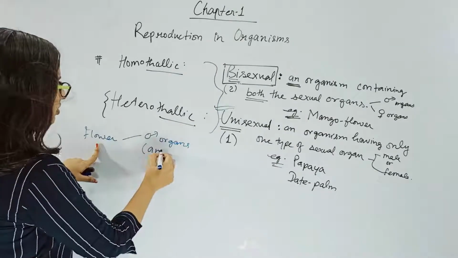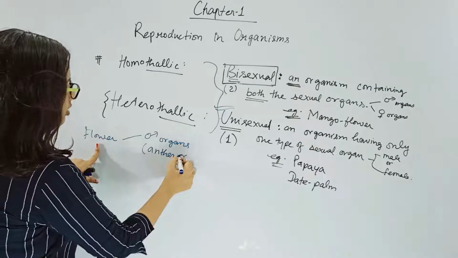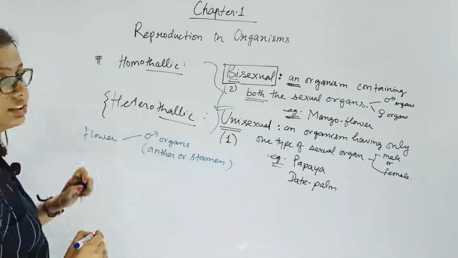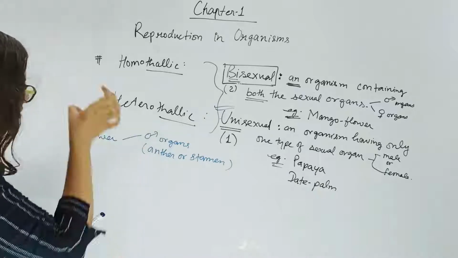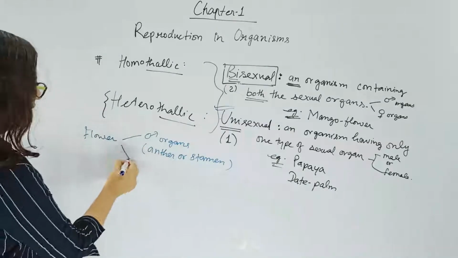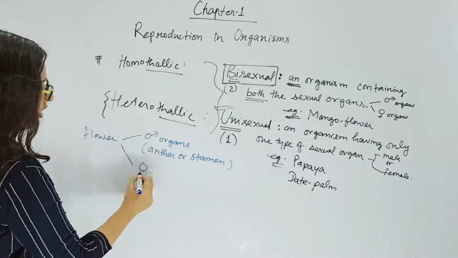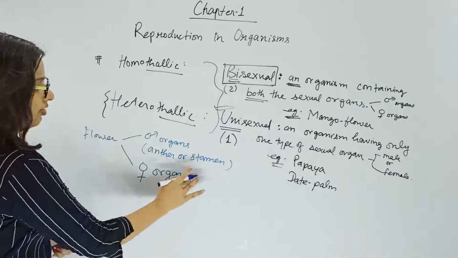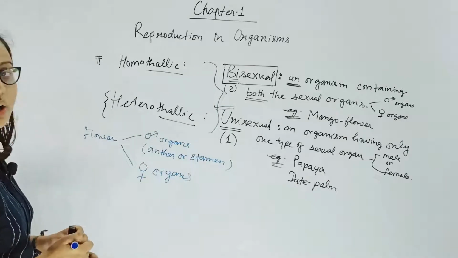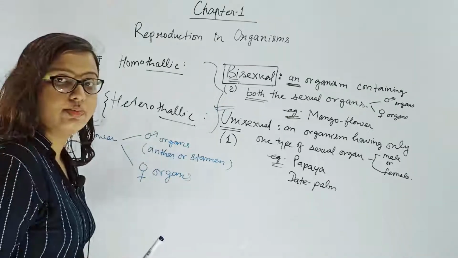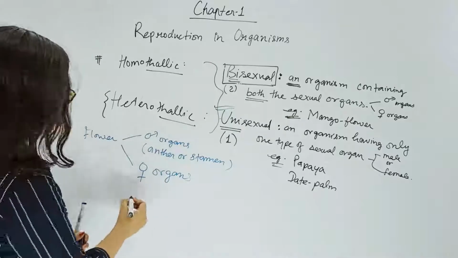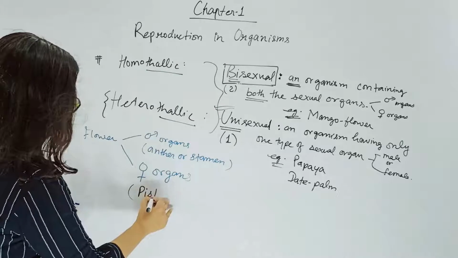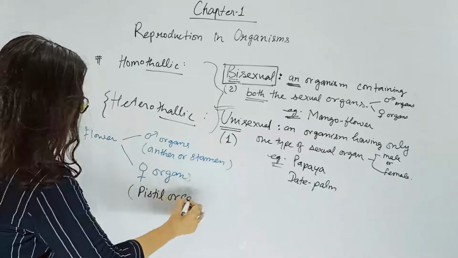That is the anther or stamen. Or the flower can have only the female organs. So what is the female reproductive organ in case of plants? It is pistil or carpel.